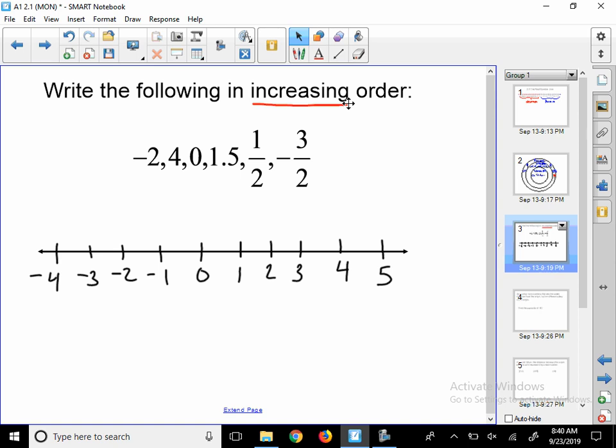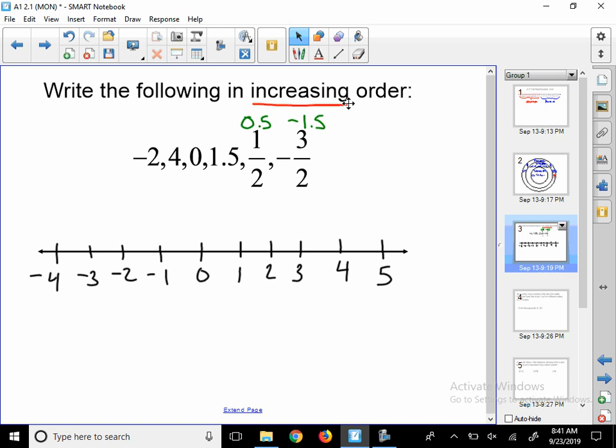What a lot of Algebra 1 students do is divide it out on their calculator to get, for instance, 1/2 is 0.5, and -3/2 would be -1.5. That helps them order these a little easier.